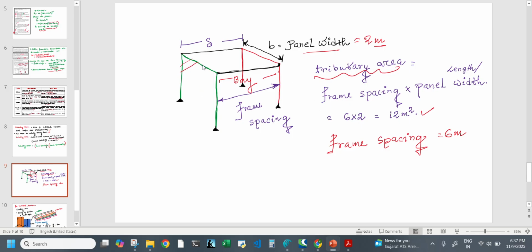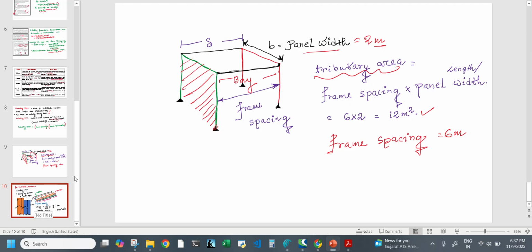That means we get the tributary area of 6 by 2. But there is some more explanation needed to calculate the actual area.